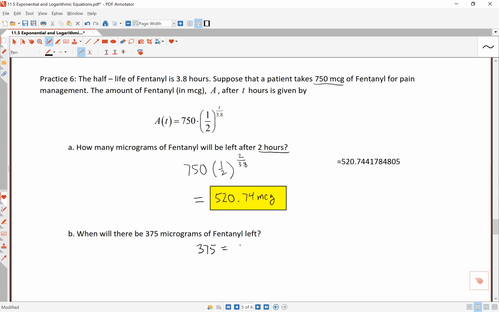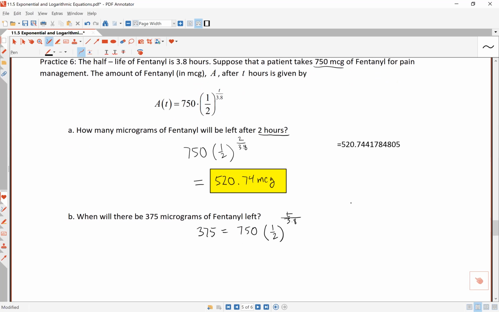375 micrograms is the amount. We want to know when the 750 decays down to 375. Isolating the exponential portion, we take 375 and divide by 750.